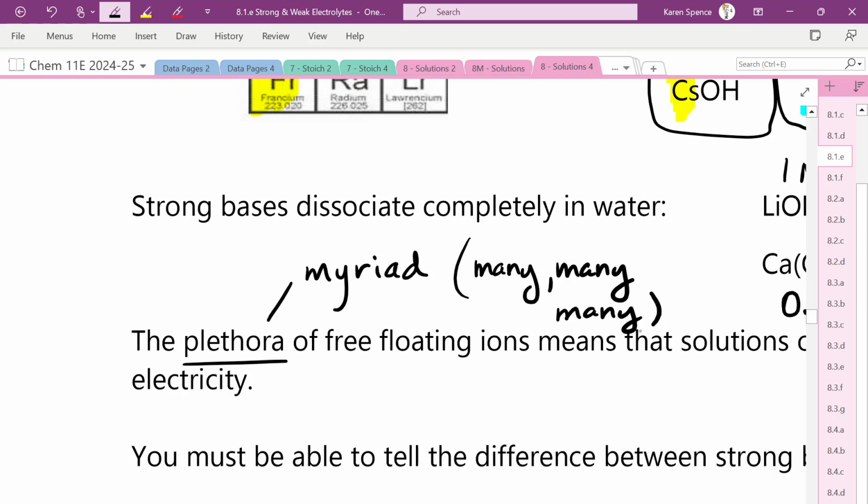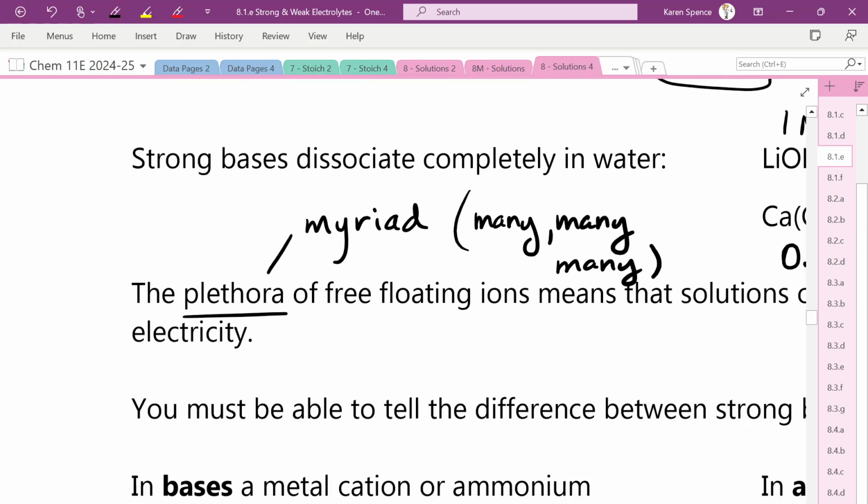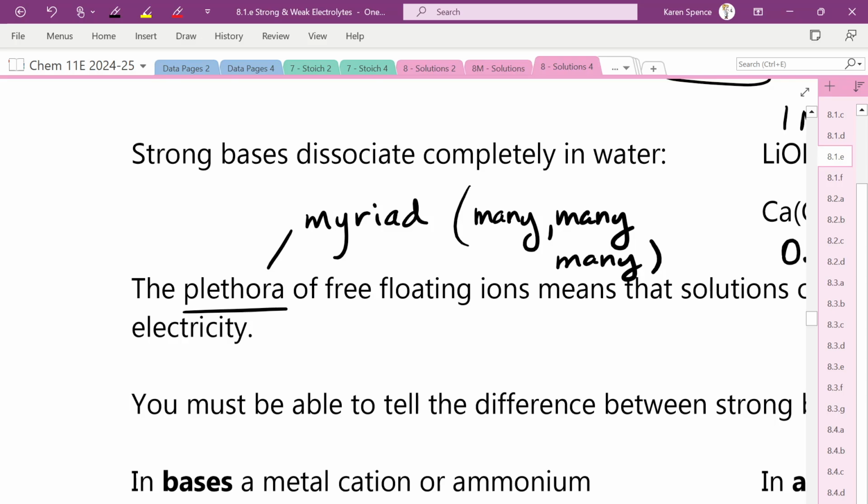I remember learning these words in grade 10. I had an English teacher who was like, cool vocabulary words. So I was like, oh, cool, that's nice. Anyway, the interesting thing about myriad is you can use it as a noun, like plethora is being used as a noun here, yes? We have a plethora of free-floating ions, a whole bunch of free-floating ions. You can also say a myriad of free-floating ions, lots and lots of them.